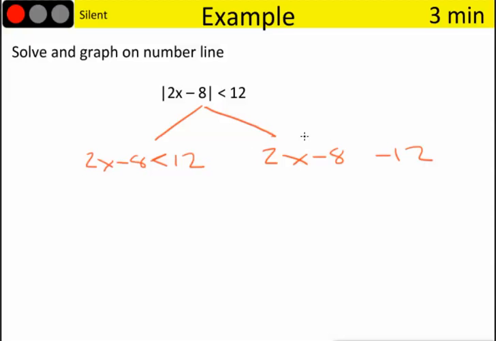Remember from before when we were solving inequalities that when we multiplied or divided or changed the sign in any way, the direction of the inequality needs to change. So just like this, when we change sign from positive 12 to negative 12, this sign needs to change to a greater than sign. Now it's just like normal. We can solve both.